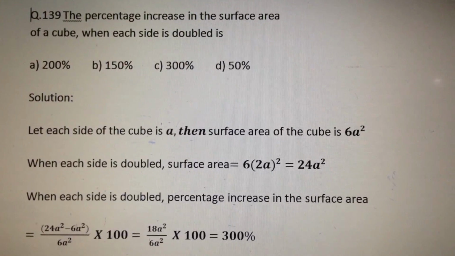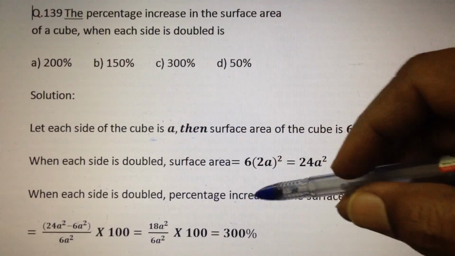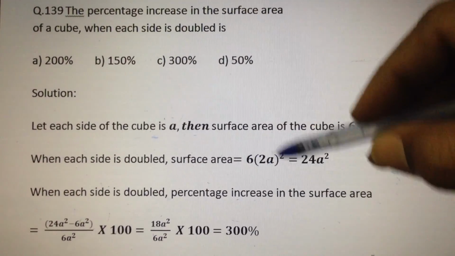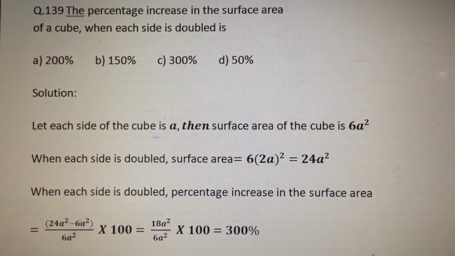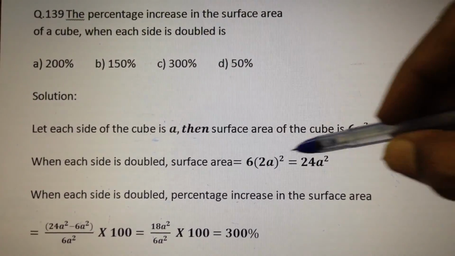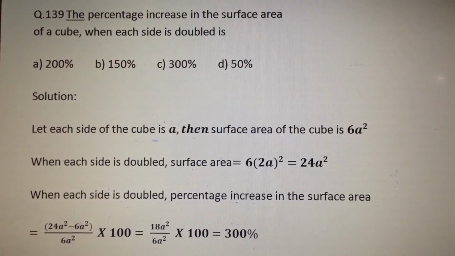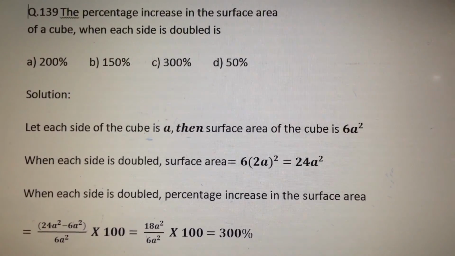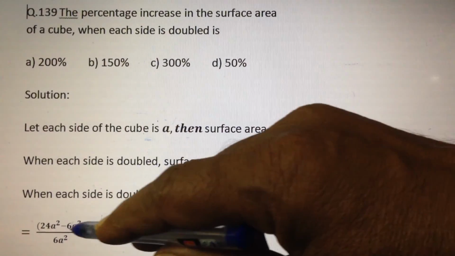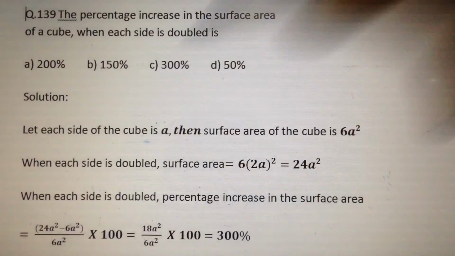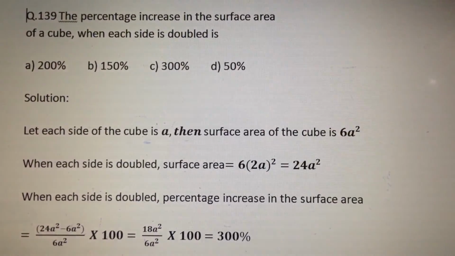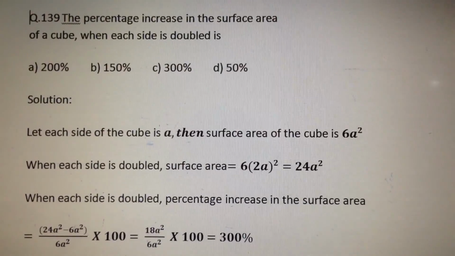Now when each side is doubled, a becomes 2a and the surface area is 6 into 2a whole square, which is equal to 24a square. Therefore, the percentage increase in the surface area is equal to 24a square minus 6a square by 6a square into 100, which is equal to 18a square by 6a square into 100, which is equal to 300%.